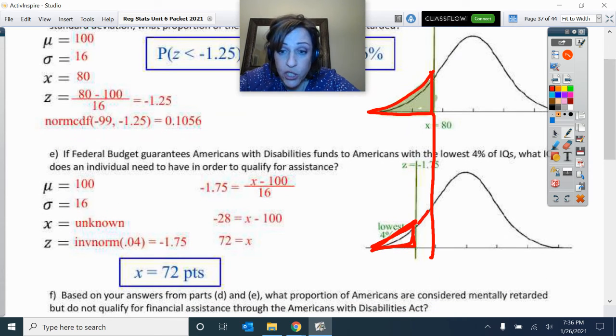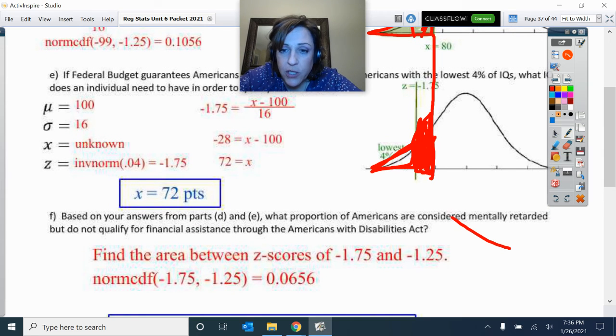What proportion of Americans are legally labeled, officially labeled in this mentally retarded section, but do not get federal funds for that disability? And so that's where there's that disjoint between those who qualify and those who get the funds. There's a difference there. So we're wondering who's in that little section right there. That's what this last question is asking.